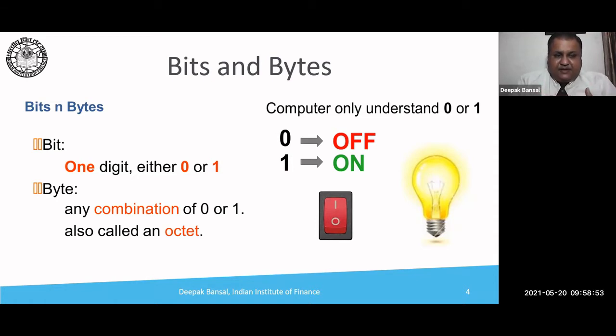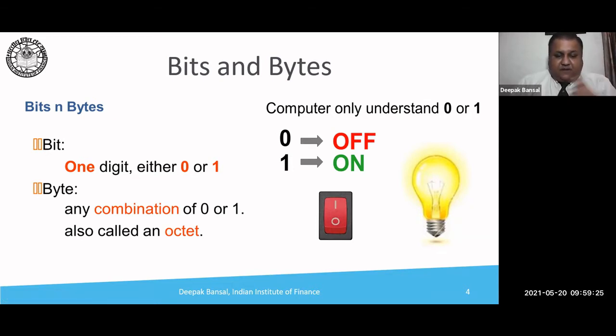Computer can understand only zeros and ones, where 0 shows the off state of electricity and 1 is the on state of electricity. If you think of an electric bulb, 1 means the bulb will glow, 0 means the bulb will not glow, it will be switched off. So a bit is a single binary digit which is either 0 or 1.